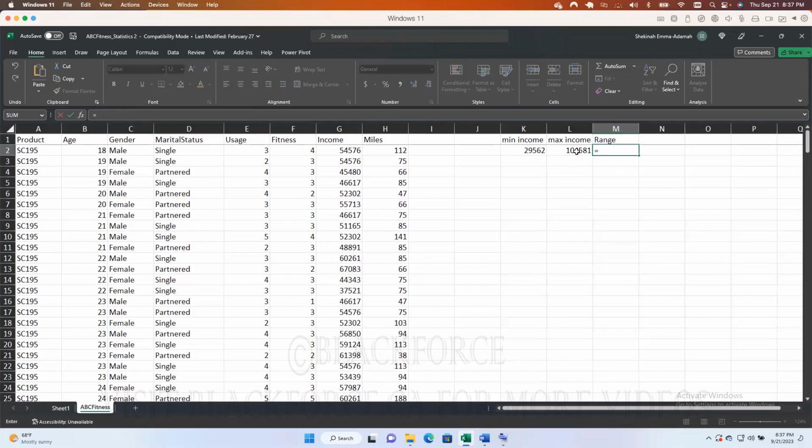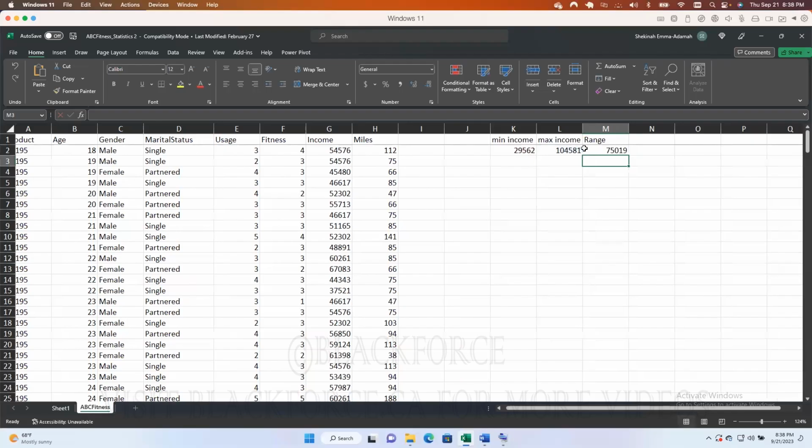It's good you actually did that and shared, because you want to use inbuilt functions that make your work more accurate. So the range is just the max minus the min. And to get the min and the max, we're using the min function and the max function. Exactly.